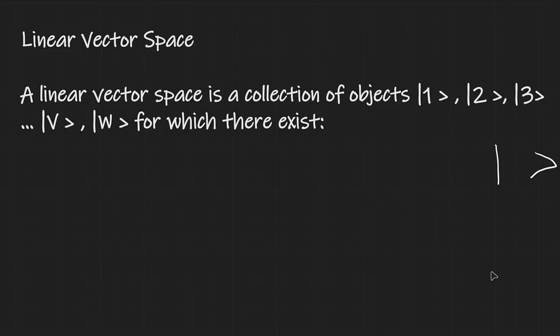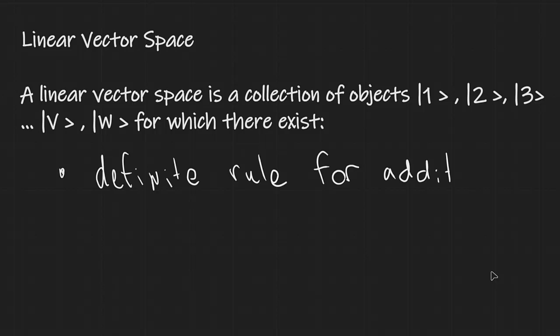Now, there are a few things that need to exist in order for the collection of objects to be a vector space. Number 1, there needs to be a definite rule for addition. In other words, there has to be a rule for adding those two vectors. There also needs to be a rule for multiplication by scalars.